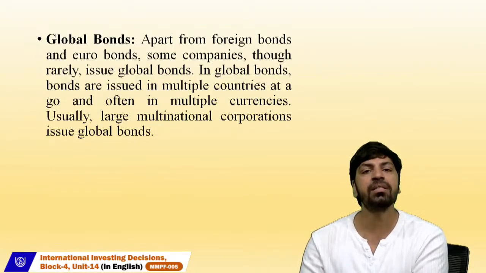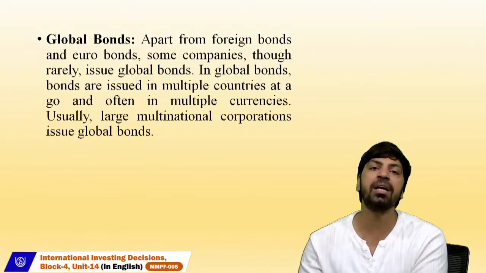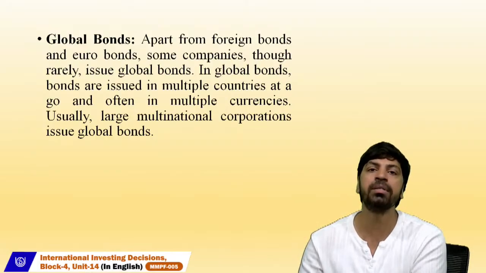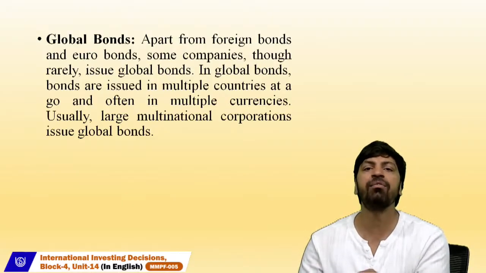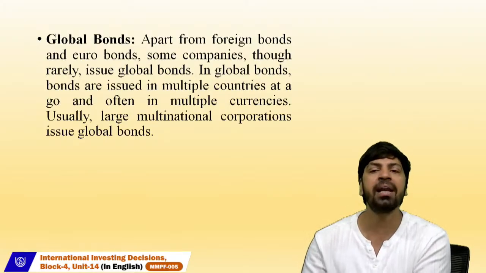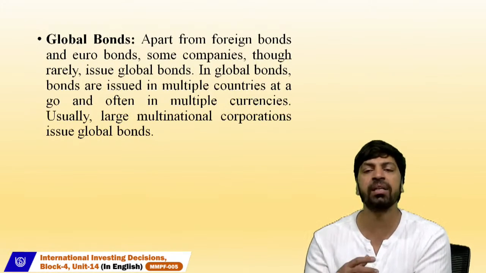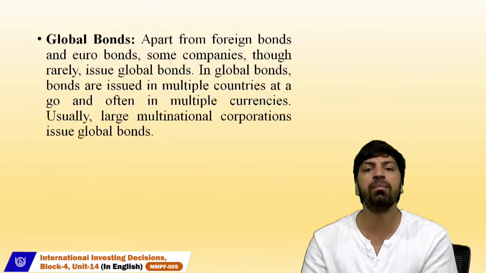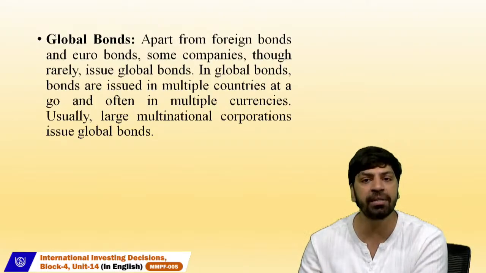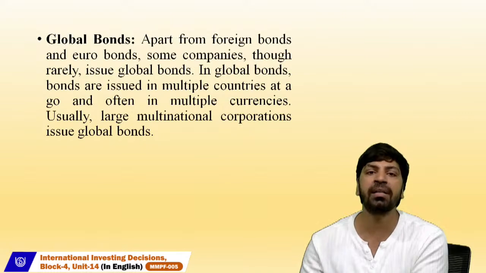The next type of international bond, the second one, is global bonds. Apart from foreign bonds or Eurobonds, some companies rarely issue global bonds. Very few companies issue such bonds, and it is a rare case. In global bonds, bonds are issued in multiple currencies at one time.